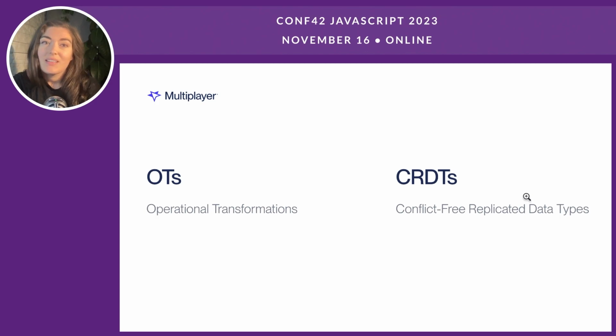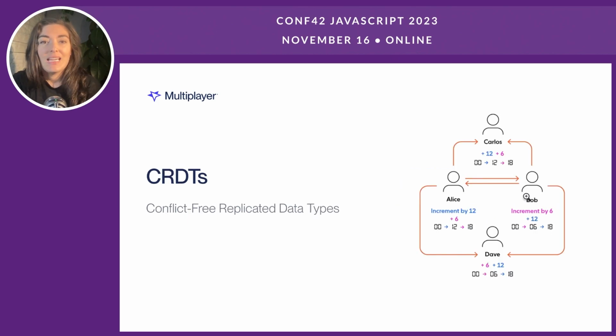Today, we will focus on the technology that we use at Multiplayer and that we feel offers the simplest, fastest, and most powerful approach to implementing collaborative features: CRDTs. There are two approaches to CRDTs: operation-based CRDTs, or commutative replicated data types, and state-based CRDTs, convergent replicated data types.